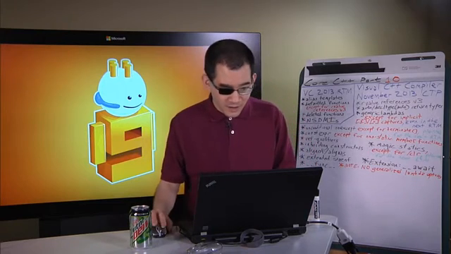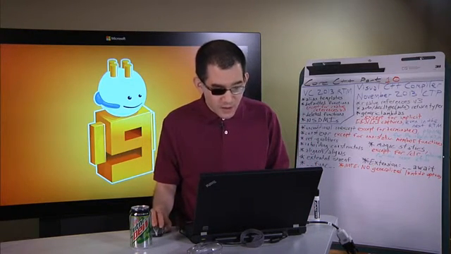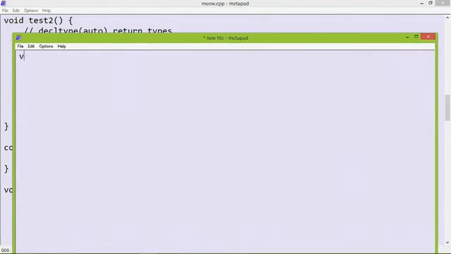You can make them take whatever you want, but you would have to specify the types at the point of defining the lambda. Sometimes this is really obnoxious. For example, let me bring up an editor. Imagine that I've got a vector of string v. I fill it with stuff, and then I want to sort it, but according to a custom comparison.